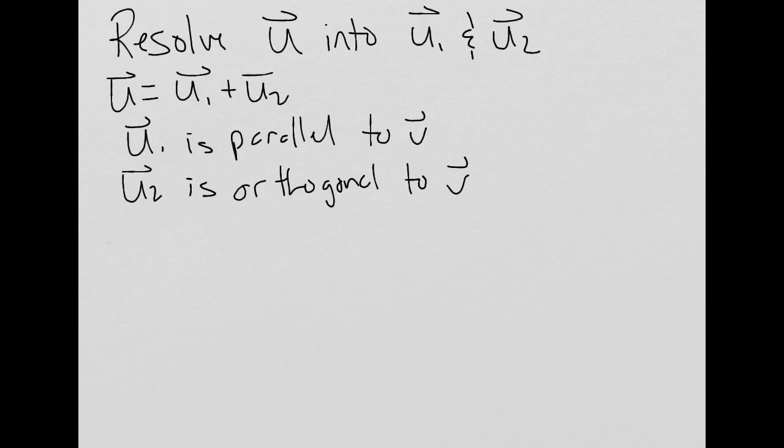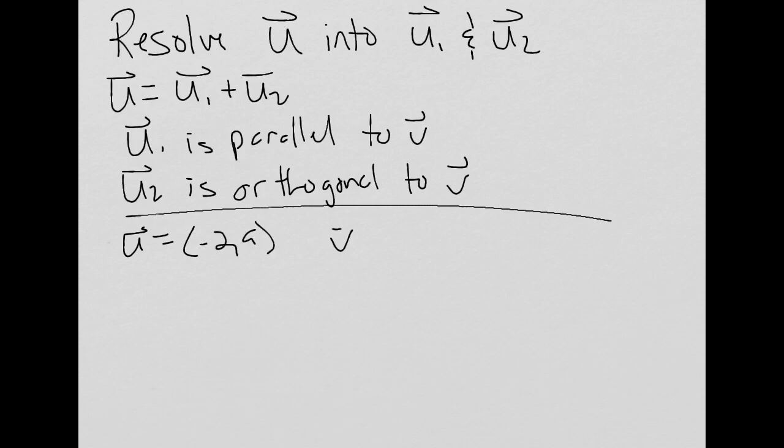So let's go to the same two vectors that we had before. u equals negative 2, 9, and v equals negative 1, 2.